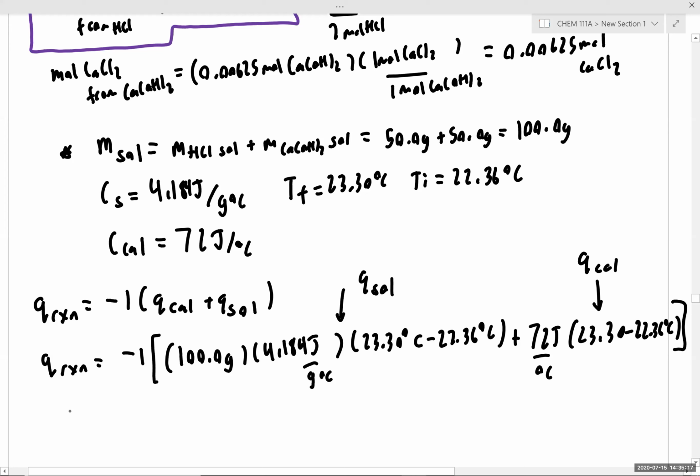Now punching that into our calculator, that gives us a heat of reaction of -461 joules.